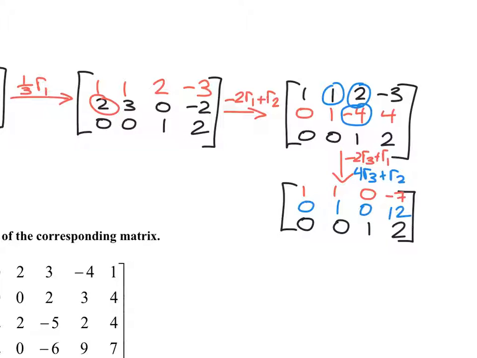Alright, so then we get to this point. We're done with row 3, there's nothing else I can do there. The only thing I can do to get rid of that 1 in the first row would be to negate row 2 and add it to row 1. So that would be my final step.